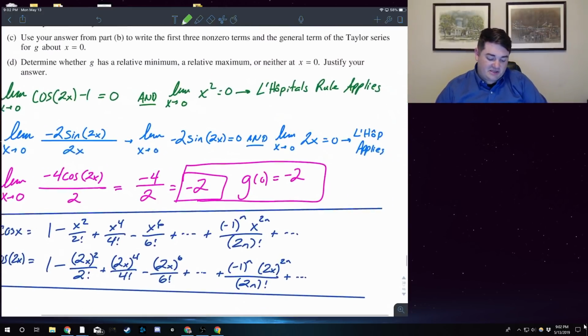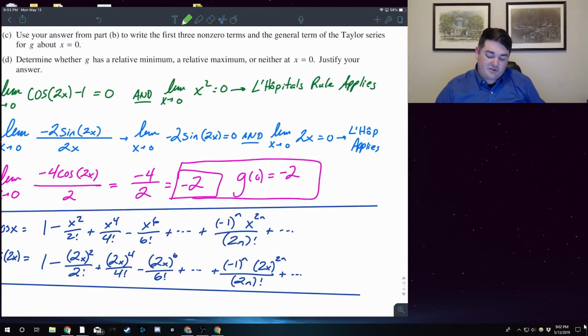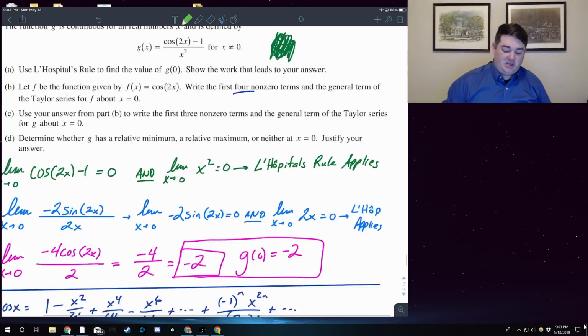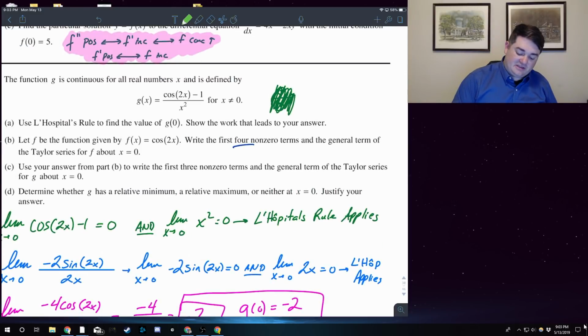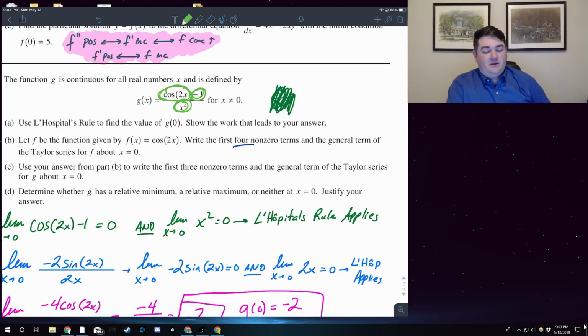Part C then says, use your answer from B to write the first 3 non-zero terms and the general term of the Taylor series for g. So g of x is cosine 2x, which we just found, minus 1, divided by x squared.